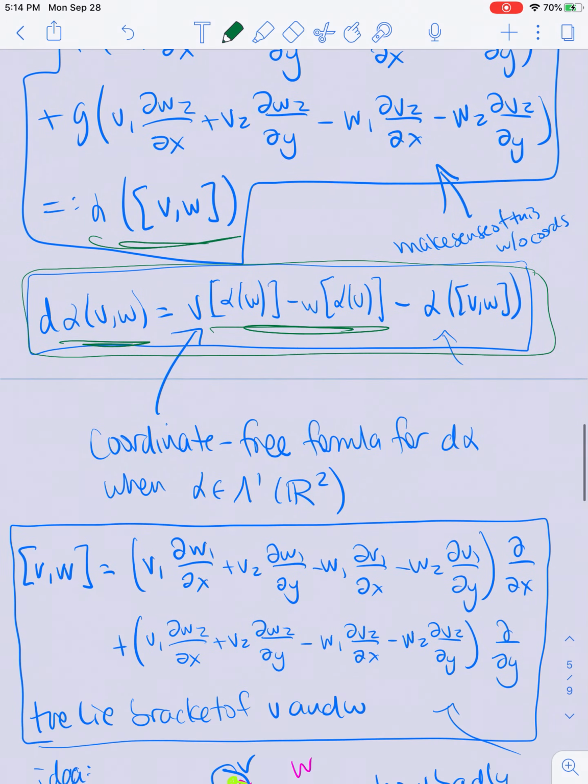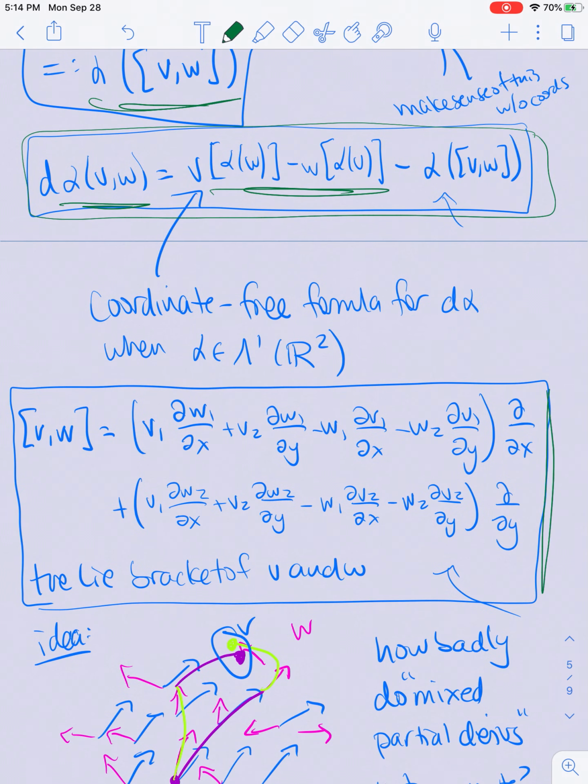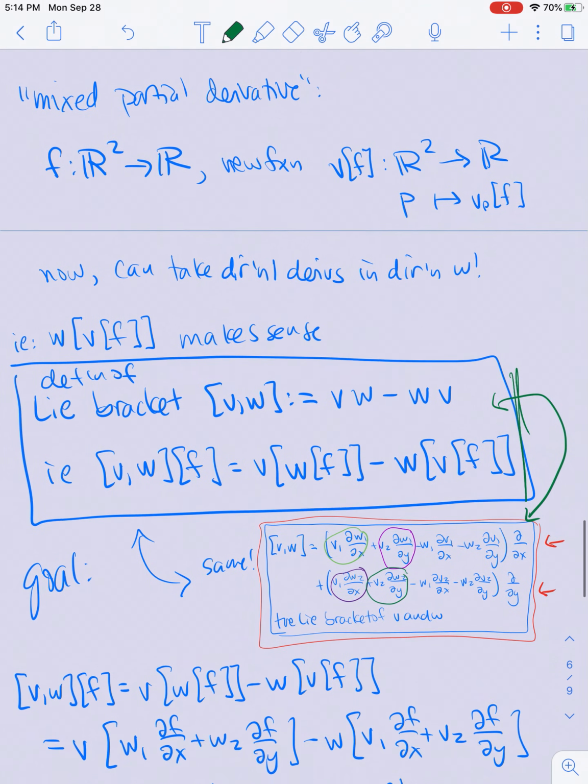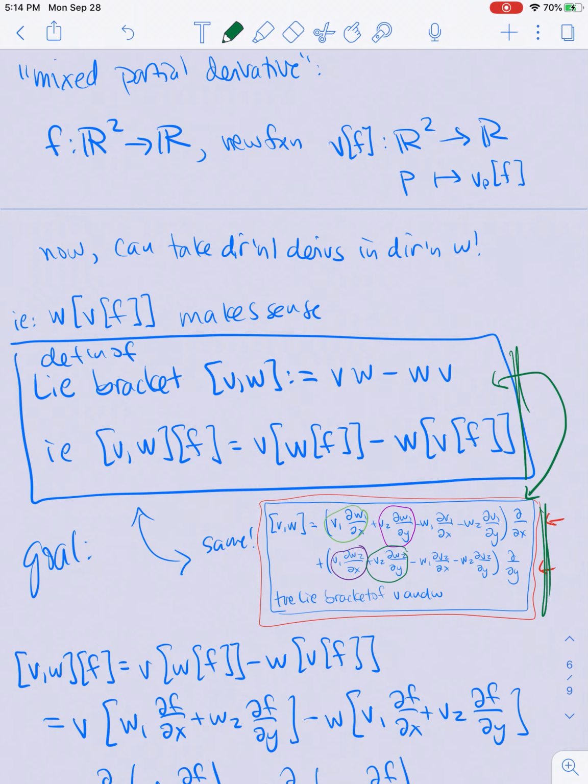Defining it in an invariant way, we showed that it's actually the same thing as the coordinate version.